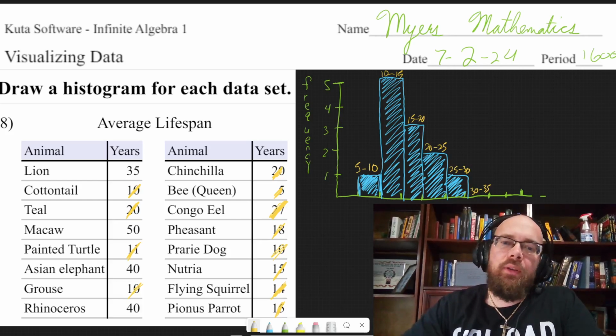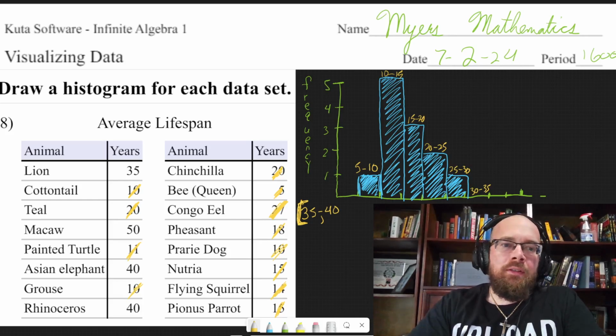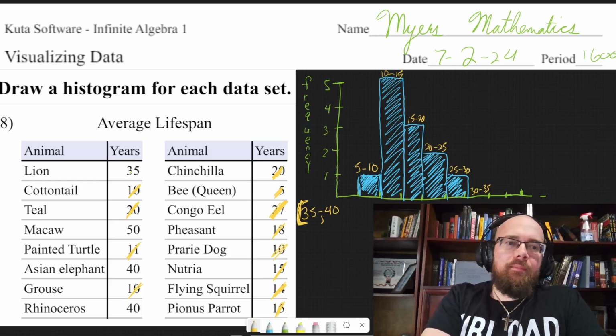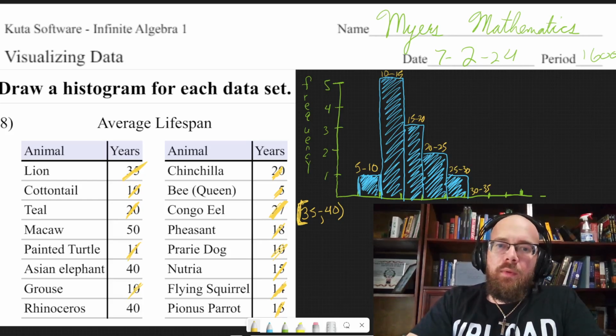So next up would be 35 to 40. Including the 35, not including the 40. Looks like just one. All right, so just one. Then we've got 40 to 45.